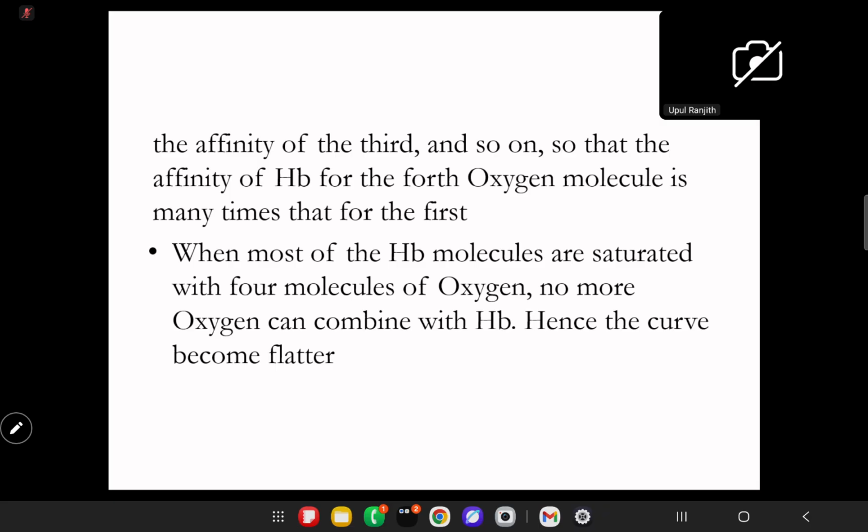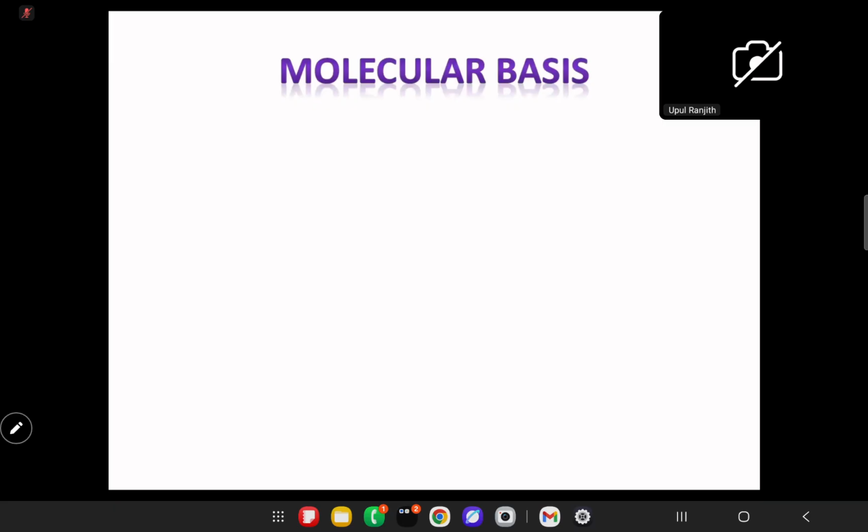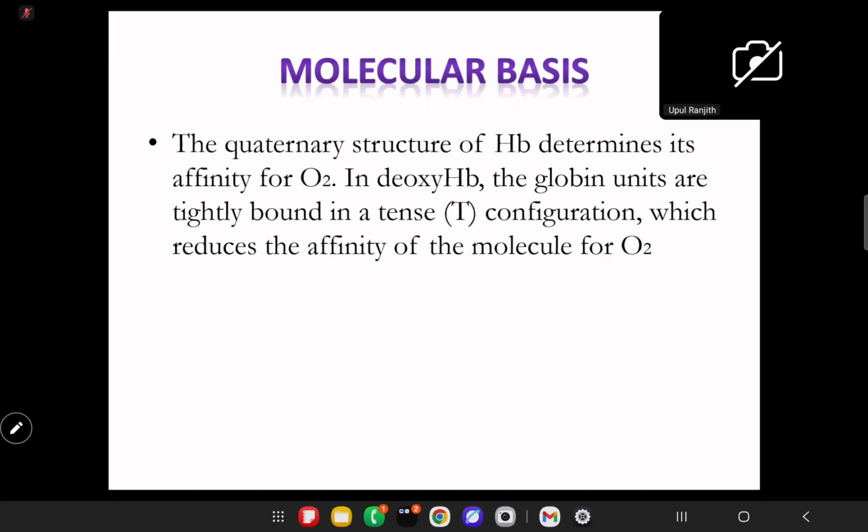When one is bound, the affinity increases, and when the second is bound, the affinity is further increased. Therefore, the middle part is steeper, and finally, when the hemoglobin is getting saturated with four molecules of oxygen, no more can bind. So the curve becomes flatter finally.